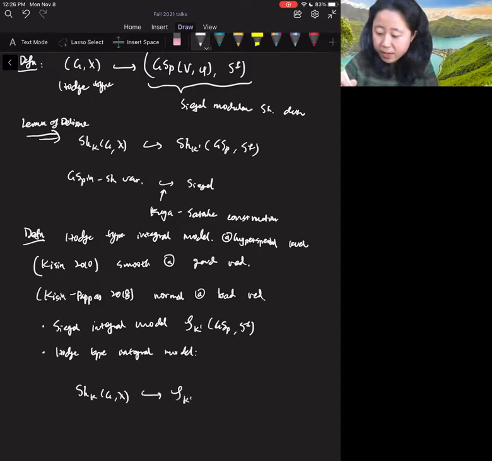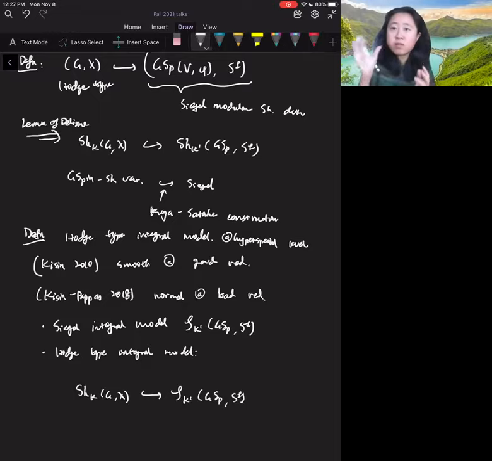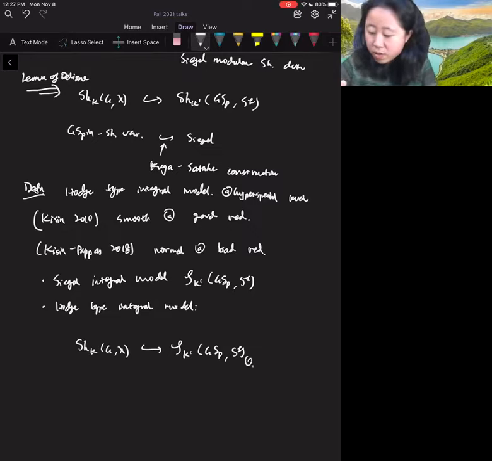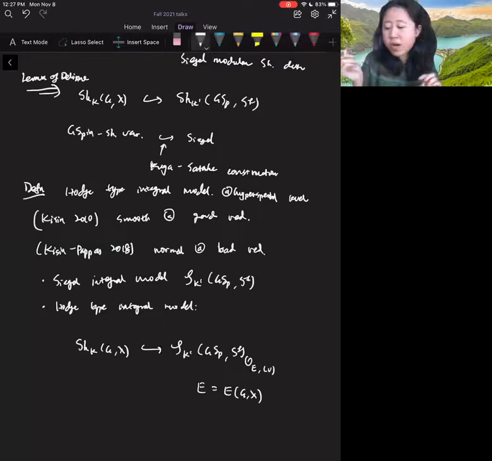I can embed it into my Siegel integral model because it already embeds into the Siegel modular variety, let alone its integral model. And instead of considering the Siegel integral model as a Z_p scheme, I'm going to base change it to the ring of integers of the reflex field for your Hodge-type Shimura datum, and I'm going to invert it away from some prime of E above p.